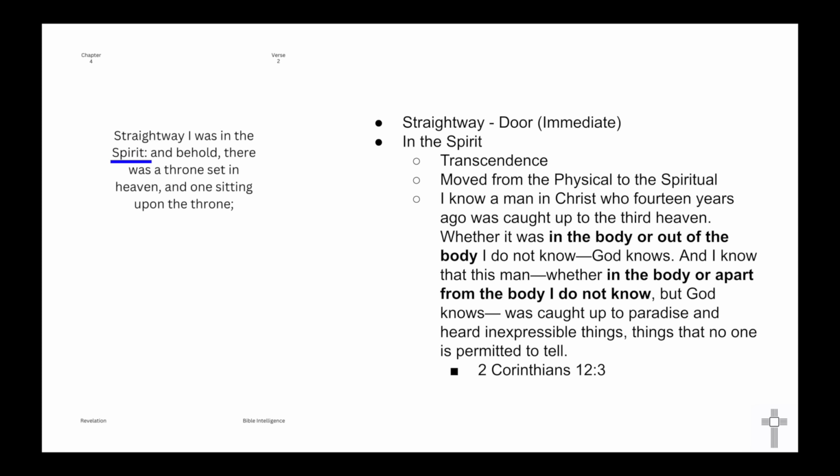Like I say, 2 Corinthians 12 verse 13. And it's this out of body experience because we're transcending from the physical realm to the spiritual realm, to be in heaven, to be in paradise, to kind of get these revelations, hence the name of the book.